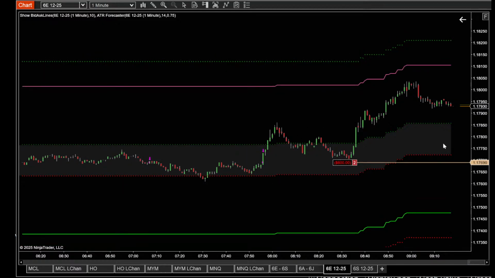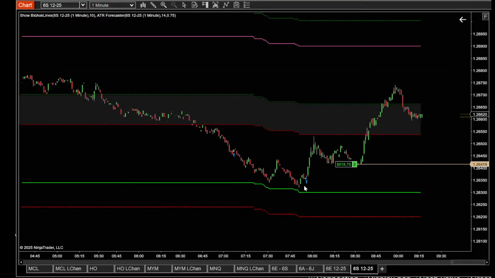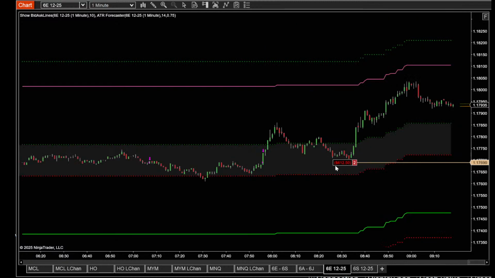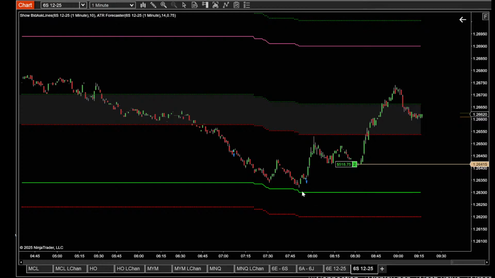So this gray area is the no man's land, I like to think of it as, where you don't want to be trading any direction. So it was smart for us to go long on the oversold and short on one that can go either direction, right? So the bias is to have bought the 6S. And that's what we did.